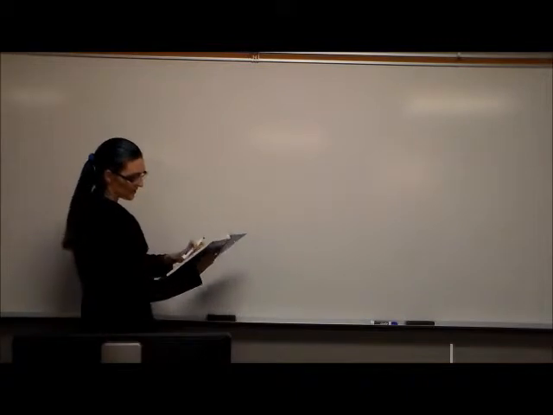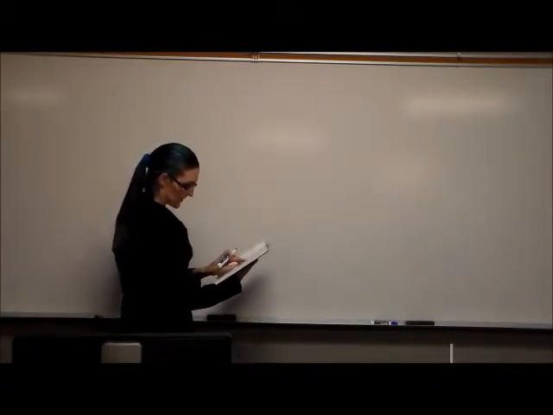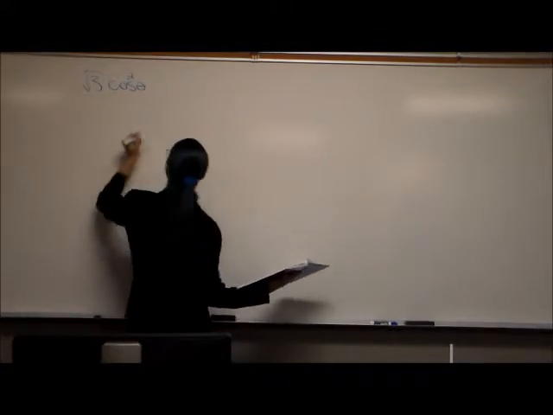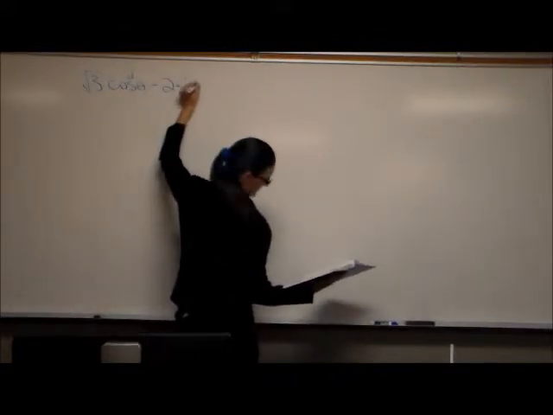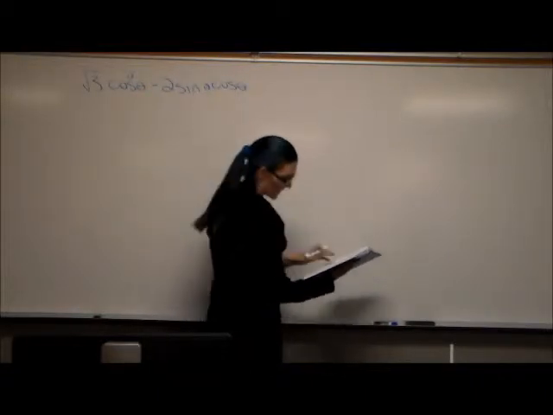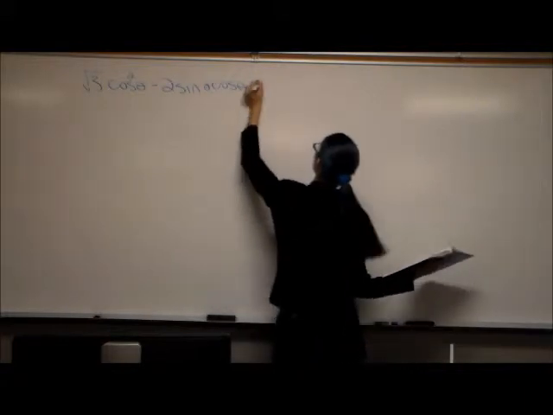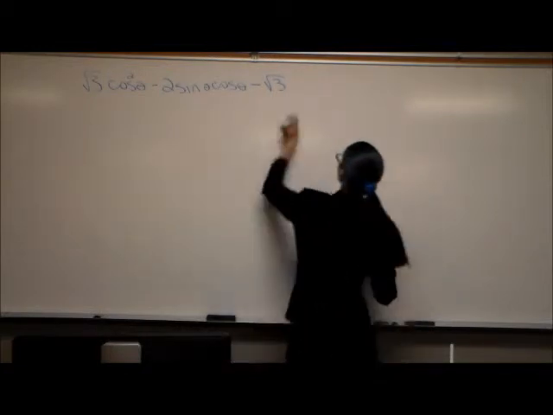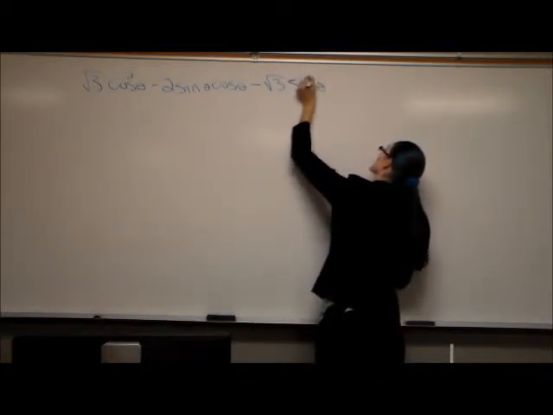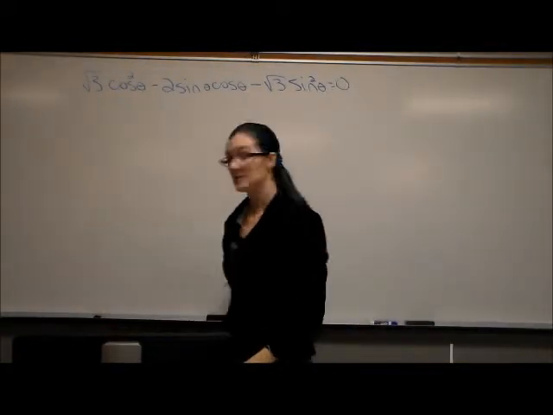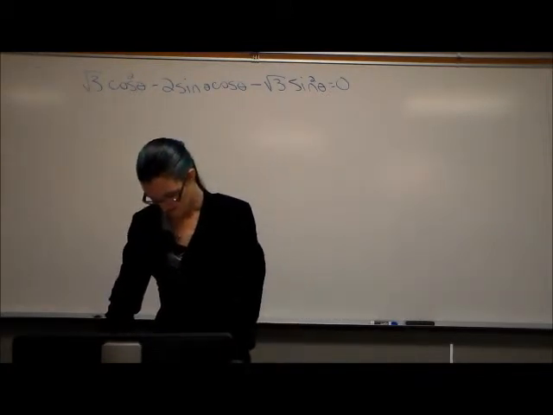I had square root of 3 cosine theta with the square and a cosine, minus 2 sine of theta, cosine of theta, minus square root 3 of sine squared of theta. And we want it equal to 0 to make that entire term go away. I didn't mean to erase it at the bottom. I meant to be able to save that.